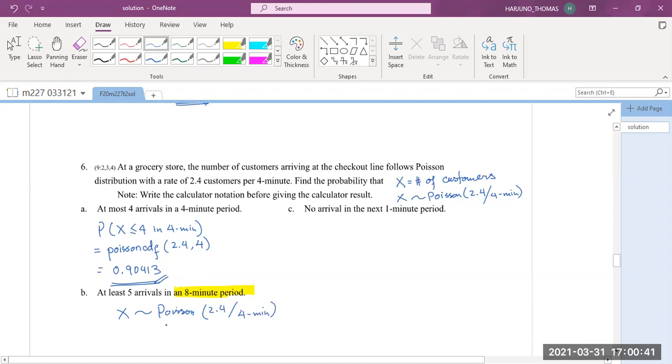So what will be the average in 8 minutes? Multiply by 2, right? Actually, you may prefer to make it into 1 minute first. So 1 minute is 0.6, right? So 8 minutes will be 0.6 times 8.